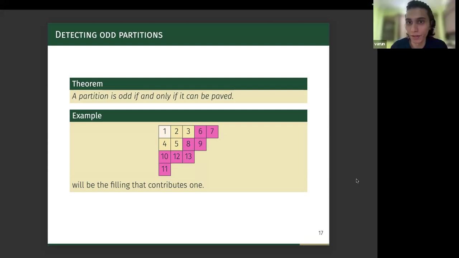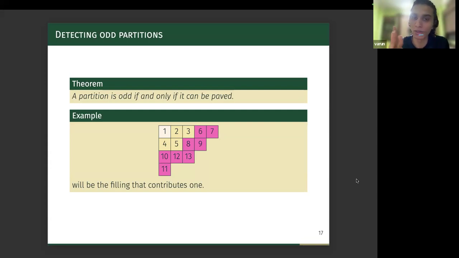To do that, we can apply the Bender-Knuth involutions for all the odd numbers. That corresponds to the domino thing that I was trying to explain.